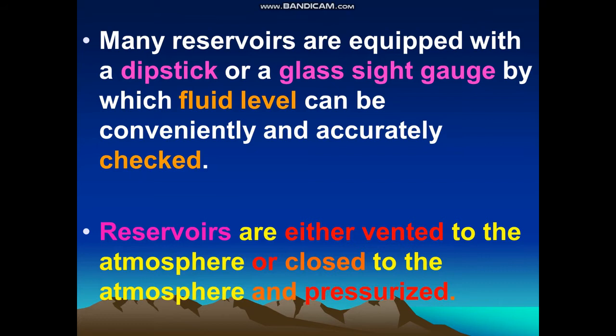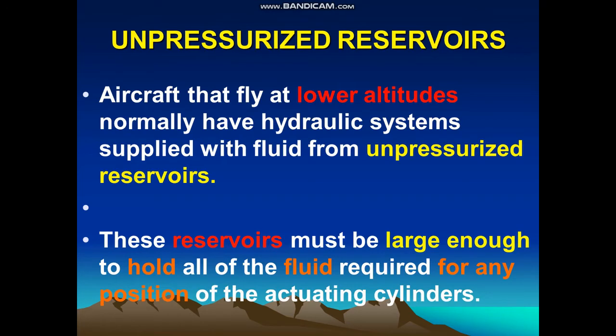Reservoirs are either vented to the atmosphere or closed to the atmosphere and pressurized. Unpressurized reservoirs: aircraft that fly at lower altitudes normally have hydraulic systems supplied with fluid from an unpressurized reservoir.